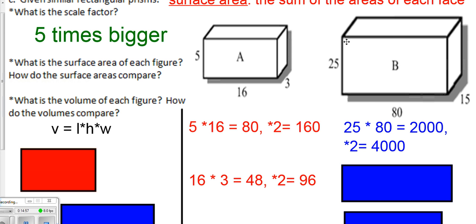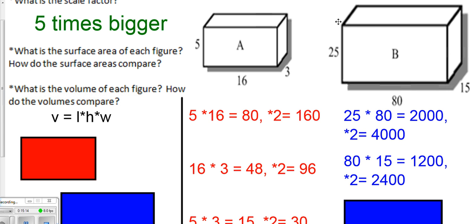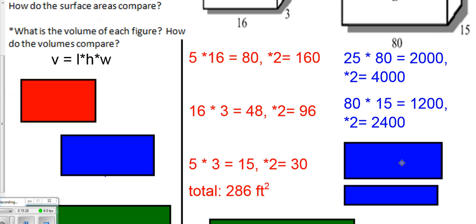the calculation's the same. We'll do the front and the back, so 25 by 80 right here is 2,000 times 2, because there's a front and a back. It's going to be 4,000. There is a top and a bottom, so 80 by 15 would be this top piece up here. Is going to be 1,200. There's two of them, top and bottom, so times 2 is 2,400.